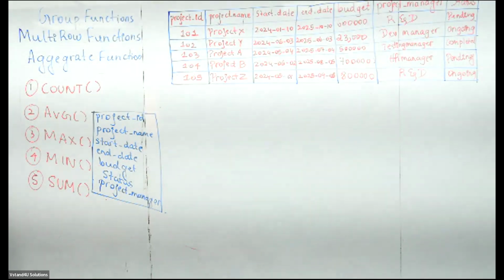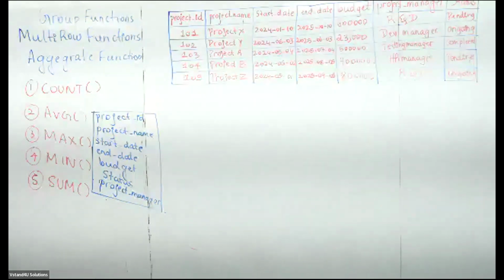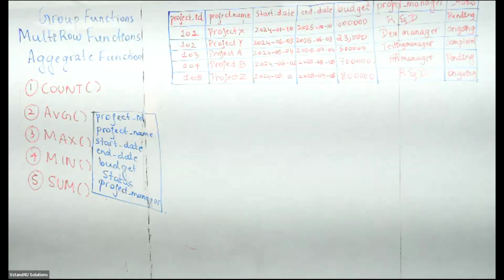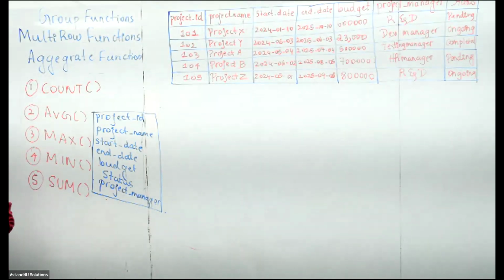Okay, what is the query saying? Write a query to find the total budget allocated for all projects. So if I have to get the total budget, which function will I be using? Sum. Why sum? Why can't I use the maximum function? Total means you will be using sum.